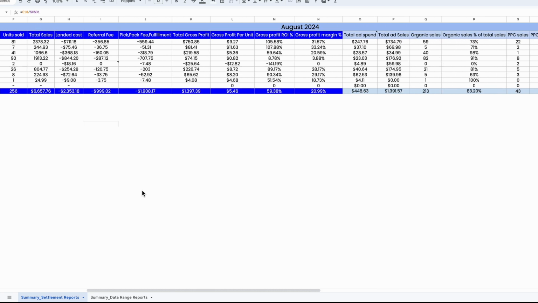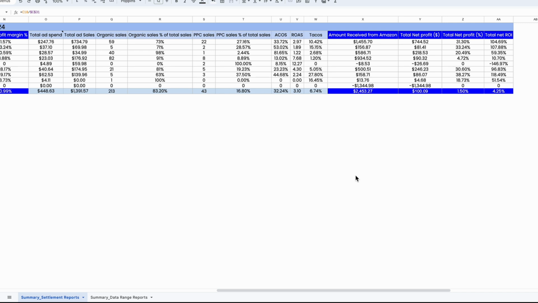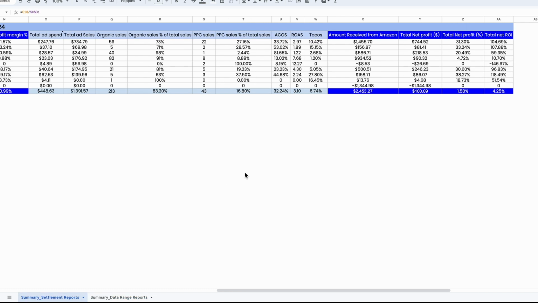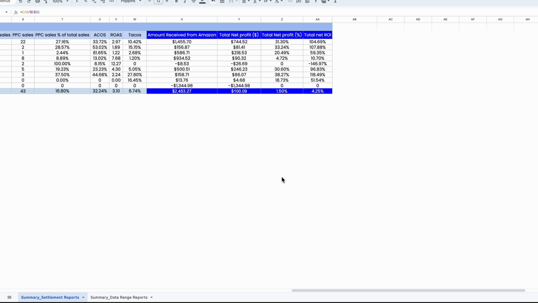Now the entire approach of calculating numbers remained the same. As per your data range reports, it is $189, correct? You see here, it is $189. There is a gap of $89. As a seller, which number would you believe? Would you believe data range reports or would you believe settlement reports? It makes logical sense to believe settlement reports because this is what has been paid, correct?